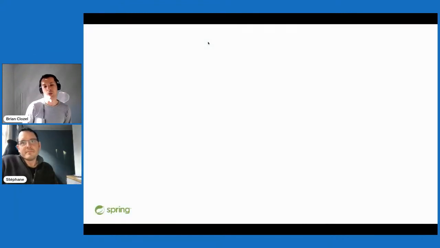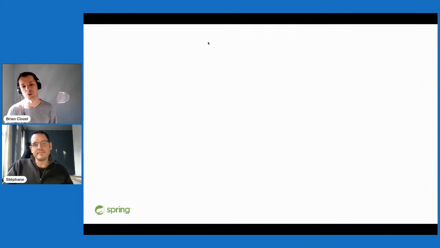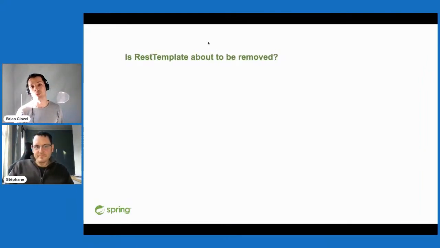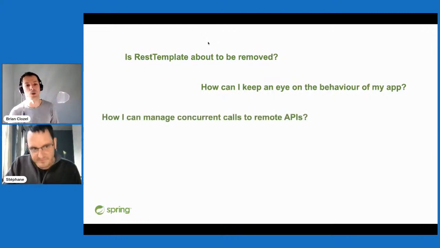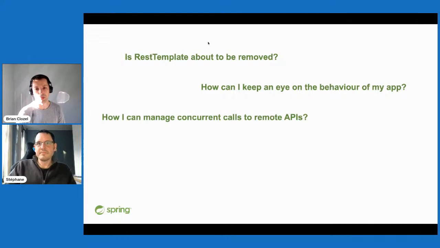During this talk, we'll try to answer a few questions, including: is RestTemplate about to be removed? You probably heard about things that we've done in Spring Framework 5 about it. Other questions like, how can I keep an eye on the behavior of my app? How can I know what's going on with my app? And how can I manage concurrent calls to remote APIs?